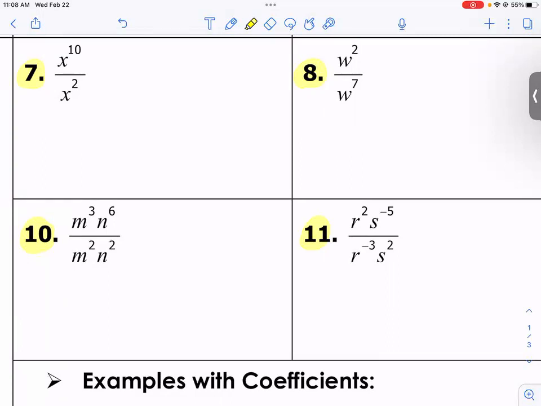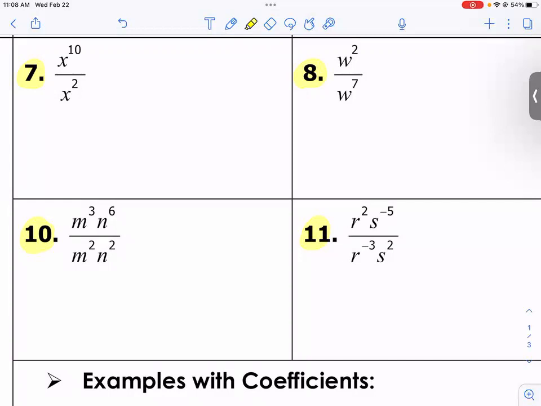Wait, so I would do subtraction. Is it not negative two or negative one, three?